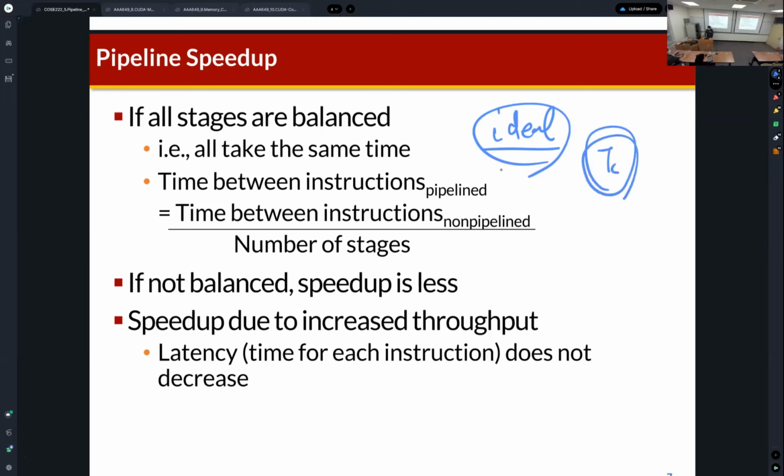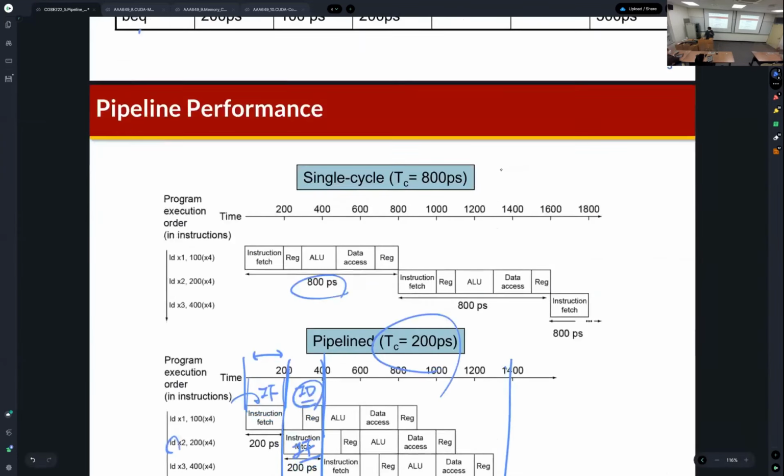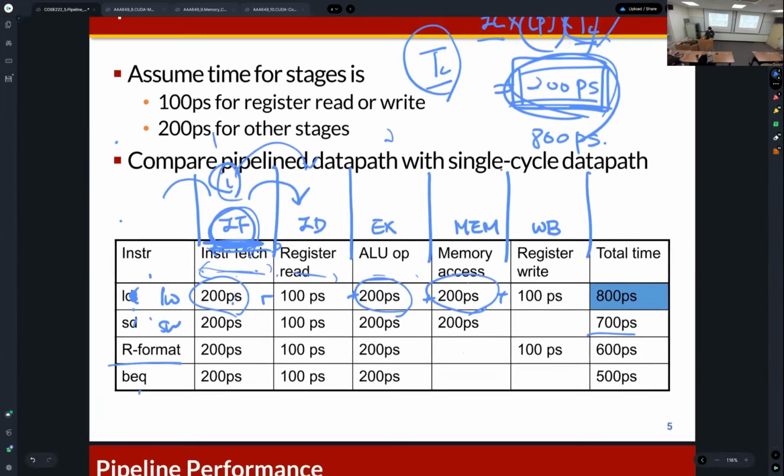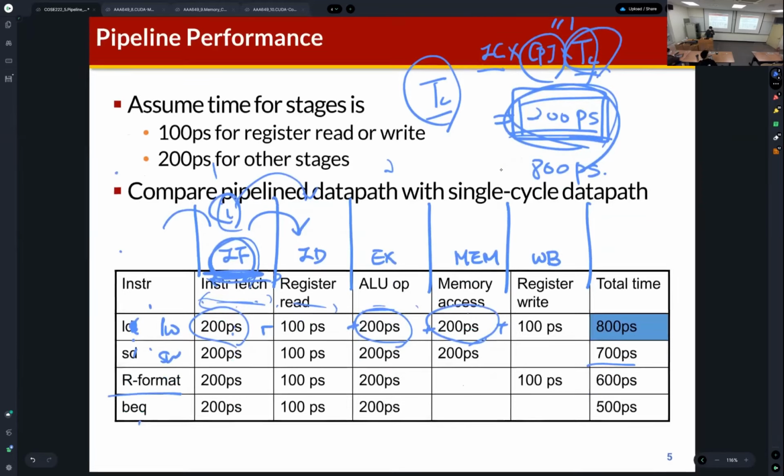Also you need to remember that the clock period of this pipeline architecture is determined by the longest delay of the stage. So what does that mean? Actually, the longest delay of the single cycle processor is 800 picosecond.